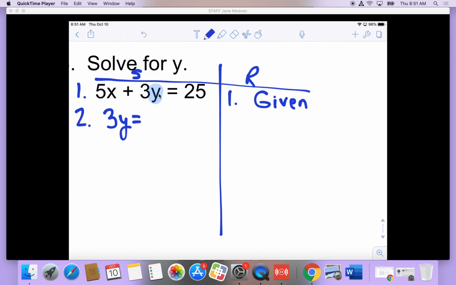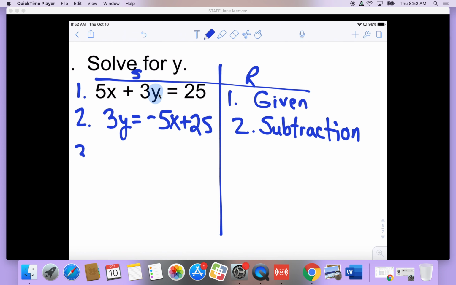We put it before. And why? Why would we put negative 5x plus 25? Why would we put it in that rather than 25 minus 5x? Do you remember? Okay, we'll hold off on it and see if you remember. So this was subtract or subtraction.